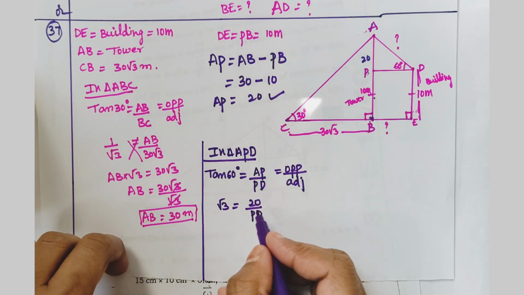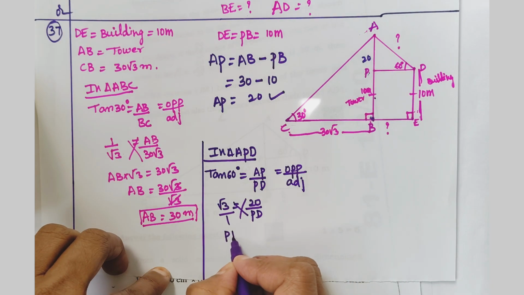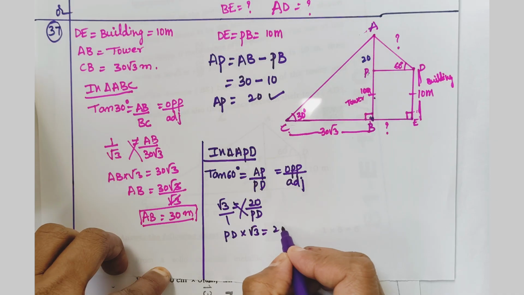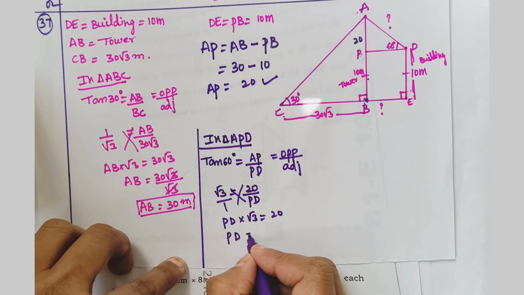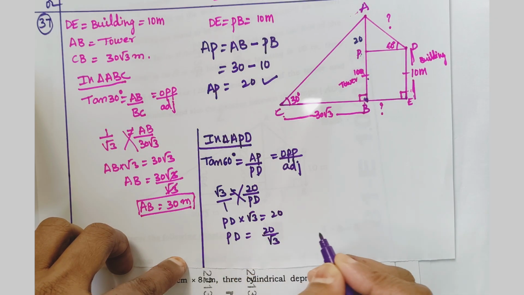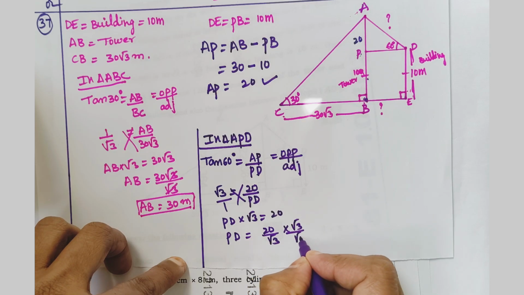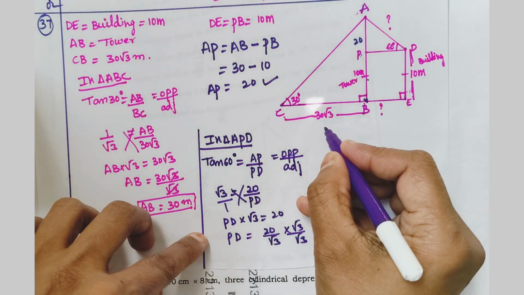Now we will do cross multiplication. PD into root 3 is equal to 20 into 1, 20. Now see, PD is equal to 20 divided by root 3.